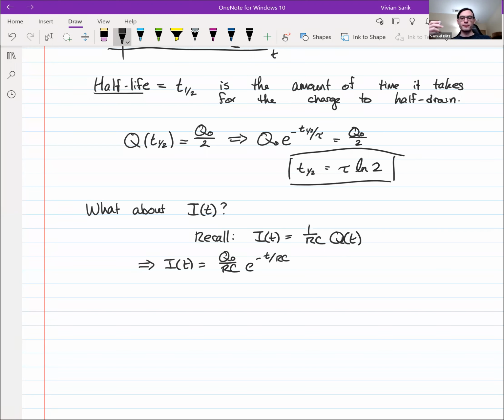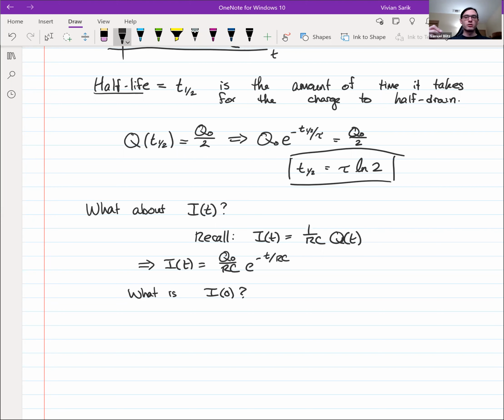First, let's talk about what the current should be initially. You could just look at this equation and see that's Q naught divided by RC. But we could get a different formula and then relate the initial current to that expression, Q naught divided by RC.